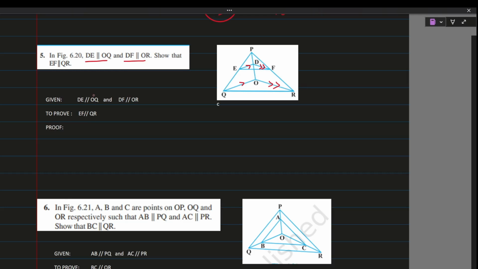So to prove that, let's take the first one, DE is parallel to OQ. In triangle POQ, it's given that DE is parallel to OQ. From here, by BPT, we can say that PE by EQ will be equal to PD by DO.